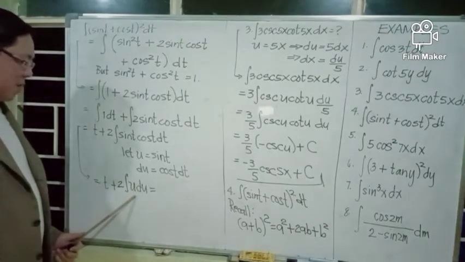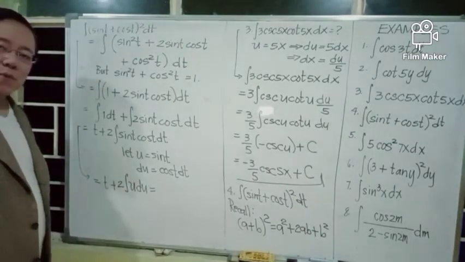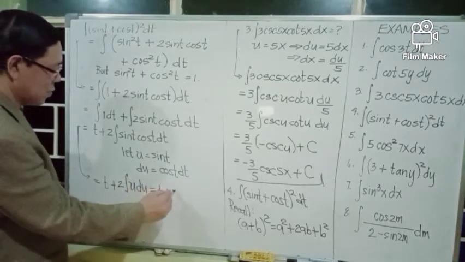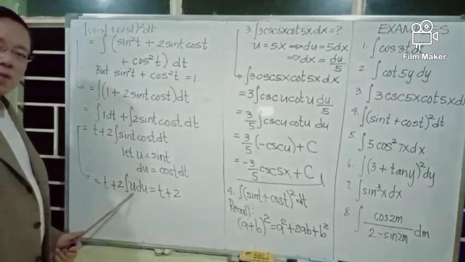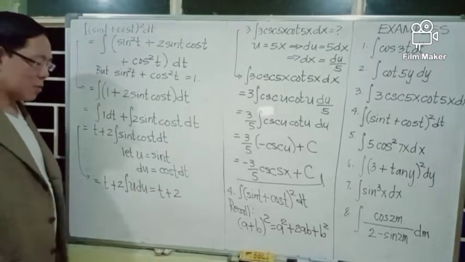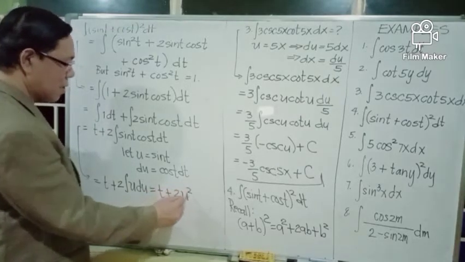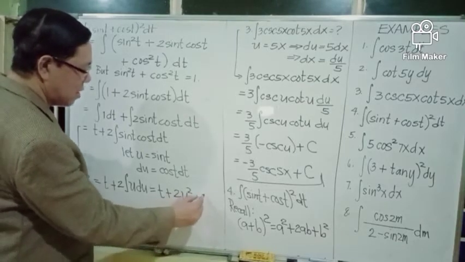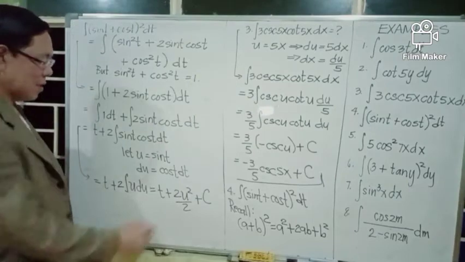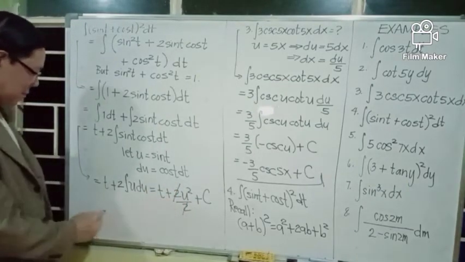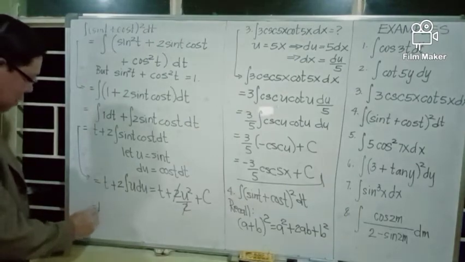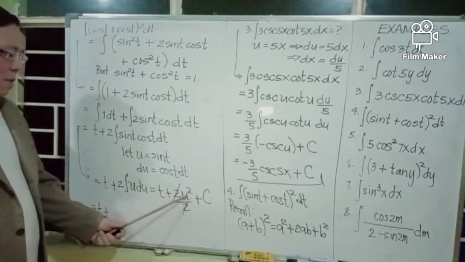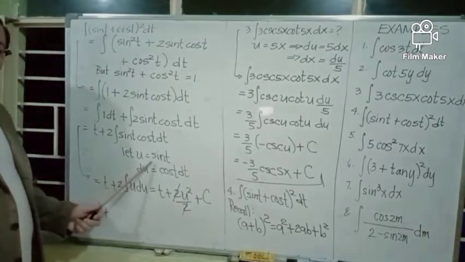Now we integrate this by the power rule where the exponent of u is 1. Hence, this is equal to t plus 2. The exponent of u here is 1. We add 1, it is 2. And the sum 2 we use as divisor, divide by 2, plus the constant of integration c. And 2 will cancel out. We get t plus the square of u. u is sine t.